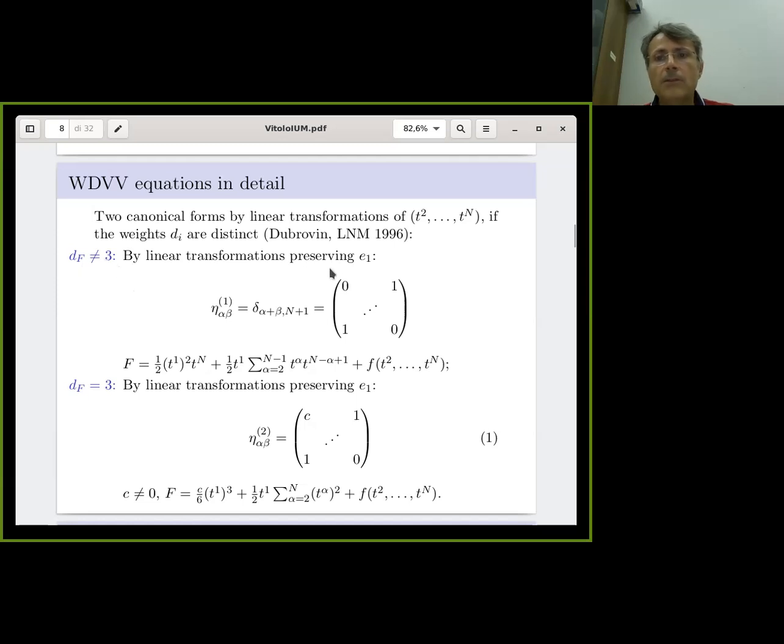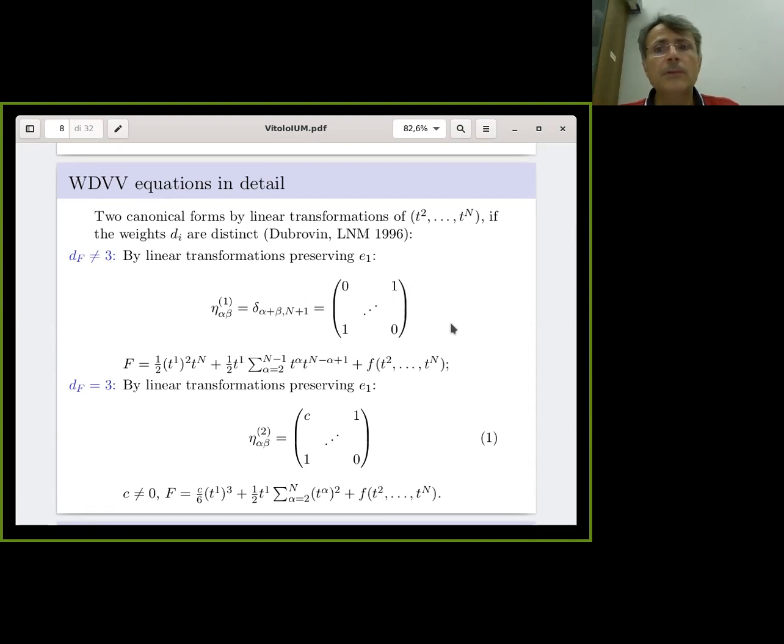And then by linear transformations that preserve E1, these linear transformations of the space are, well, indeed, here there is also t1, because also t1 participates in such transformations. They preserve the direction tangent to t1. It must be observed that such transformations are invariant transformations of WDVV.